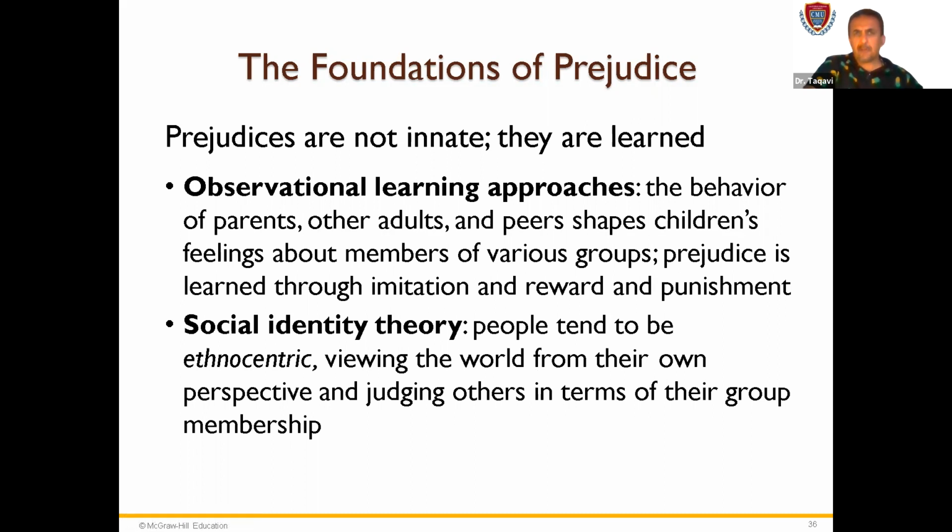Especially in religious issues, we have some types of observational learning in creating the foundations of prejudice. Why? Because in adolescence, you are seeking your identity. It is the crisis of adolescence, the identity-seeking crisis.